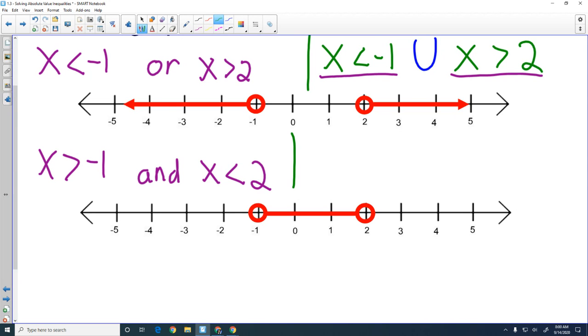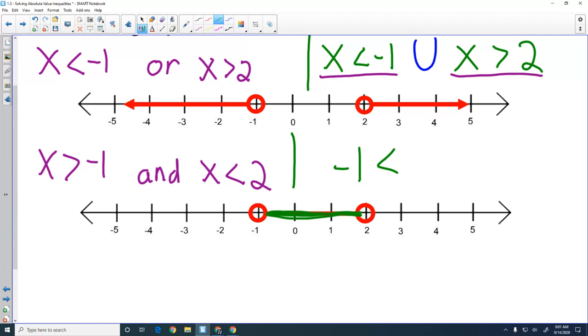The other way to represent this, and you can only do this when it's the bridge kind of connecting the two, when it's everything, when x is in between our two endpoints, that's when we can write one of those compound inequalities that we saw at the beginning of the lesson with the two inequality symbols. You start by writing the smallest value, which is -1, and then you're always going to have either a less than or a less than or equal to sign.